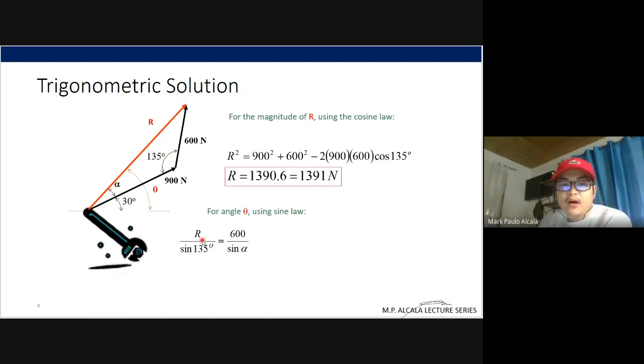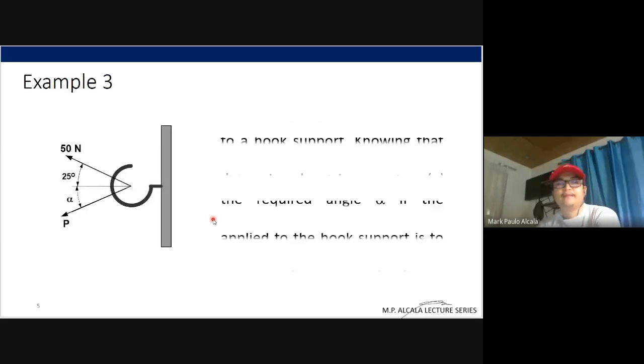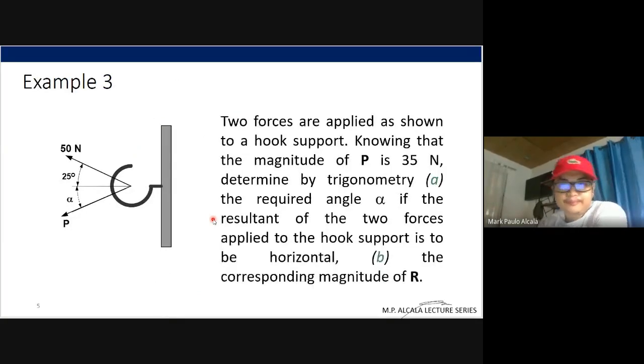So we have R already. Thus, using the inverse, alpha is equivalent to 17.8 degrees. And finally, the directional angle of the force will be 47.8 degrees. Okay? Another example.